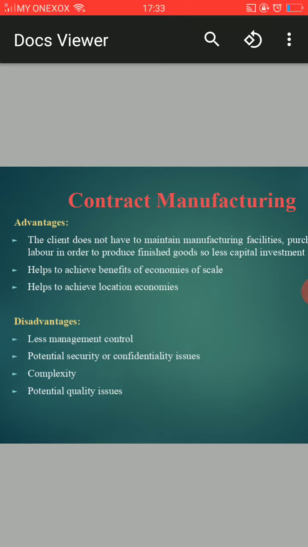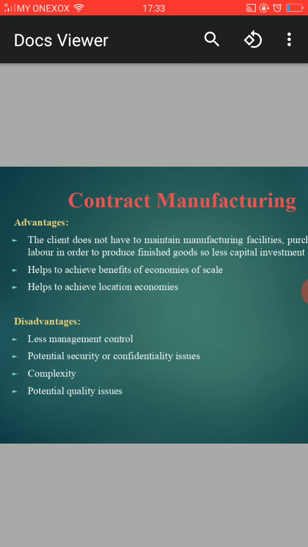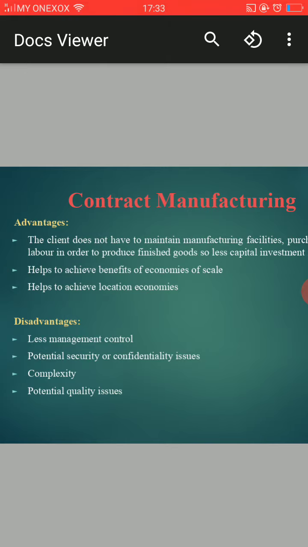Defective or poor quality parts or components will affect the function and also the features of the final product. And the last one, when the company wants the contract manufacturer to produce specialized parts or components, sometimes they need to expose some of their technology know-how. This can make the contract manufacturer copy their technology and become their rival in the future.